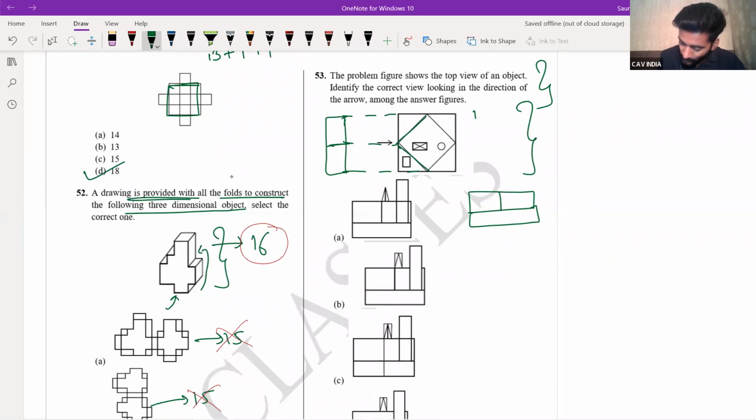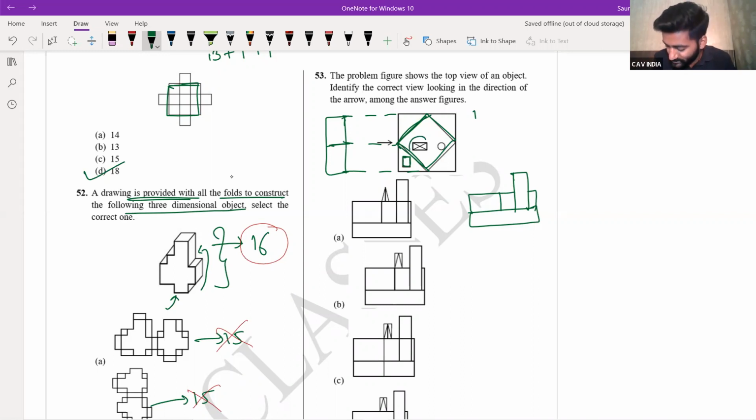But then we are also having this particular figure here, which is in front of this, which also means that it will be something like this. And therefore, this particular line won't be here. It will go something like this. Right? Also, when something is given in plan, the height is not specified. It could be of any height.